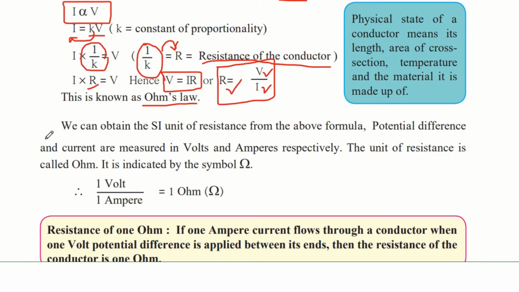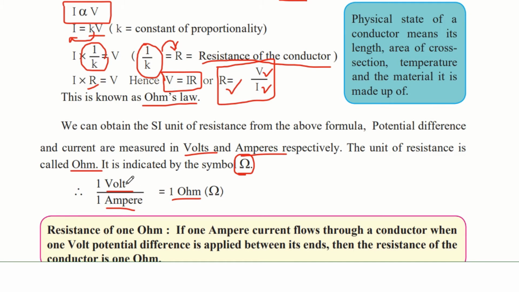The potential difference and current are measured in volts and ampere respectively. Therefore, the unit of resistance is called ohm, and it is indicated by the symbol omega, which is a Greek alphabet. So ohm is nothing but V, that is volt, upon I, that is ampere.